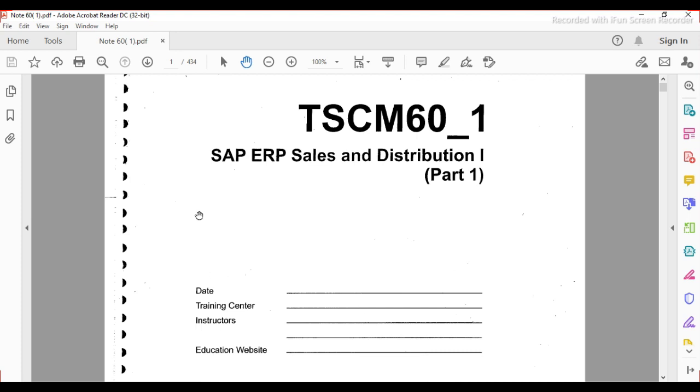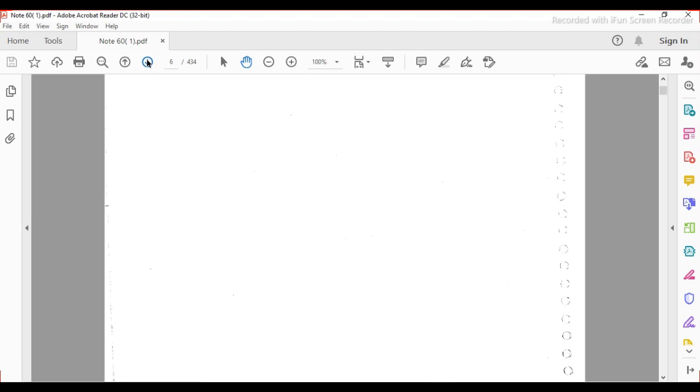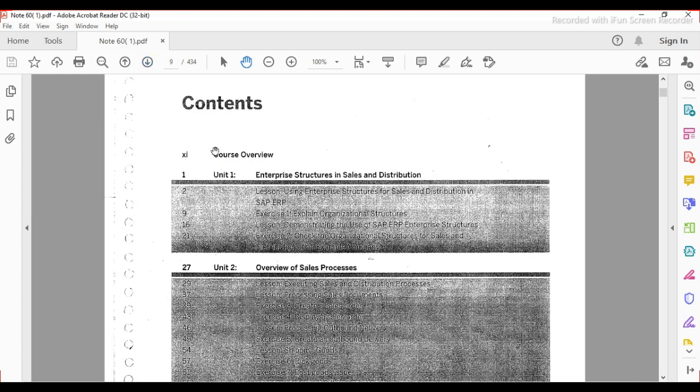Let me show you some of the units in the book. See, this is the content. This is unit 1, enterprise structure in sales and distribution, where you will study some of the org units in SAP SD, the org units that are related to the sales and distribution module.